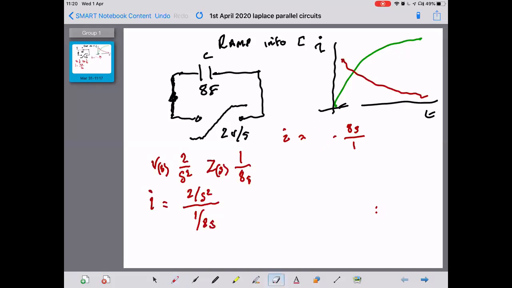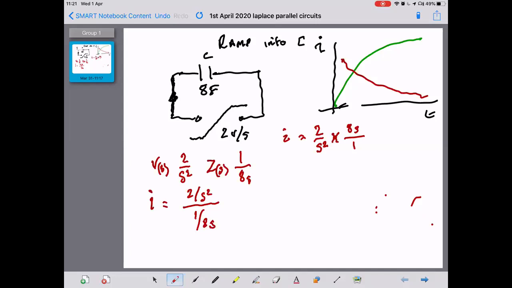Write a little neater, Michael, please. 2 over S squared. Is it minus 8S over 1? No, it's times.